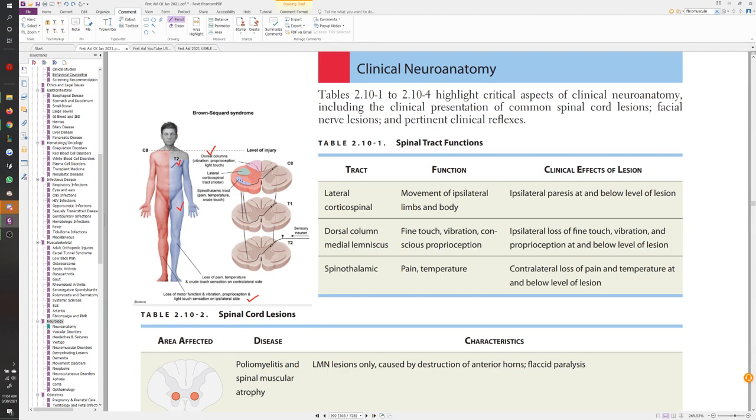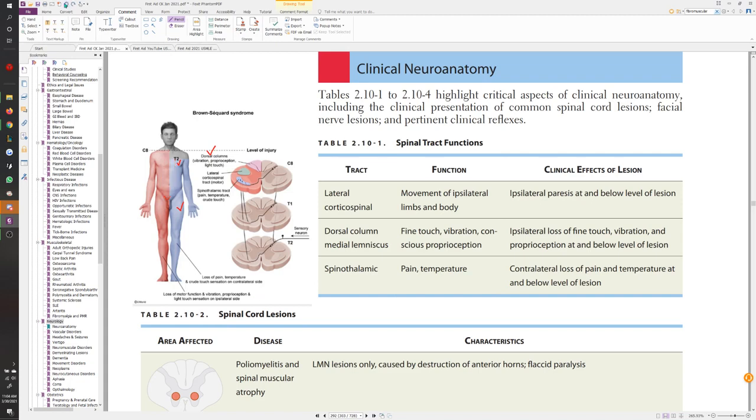If the injury is in the brain, it's going to be contralateral losses. But if the injury is in the spinal column, it's going to be same side losses, as far as the dorsal column and the corticospinal tract are involved. The spinothalamic tract decussates on the spine, so that guy you talk about separately. It doesn't decussate in the medulla or in the brain.